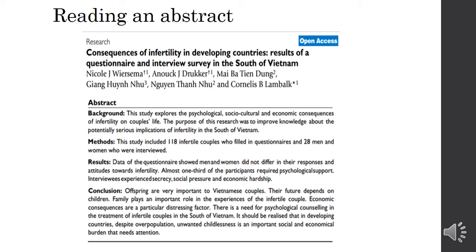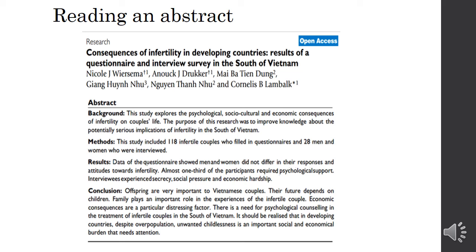The background tells us why the research is important. In the background, it also contains the purpose or the goal of the research. For example, here, the study explored the psychological, sociocultural, and economic consequences of infertility in couples' lives. The purpose of this research was to blah blah blah. So in the background, there must be a purpose, the goal, the objective of the research.